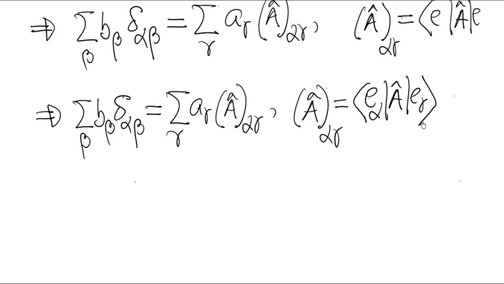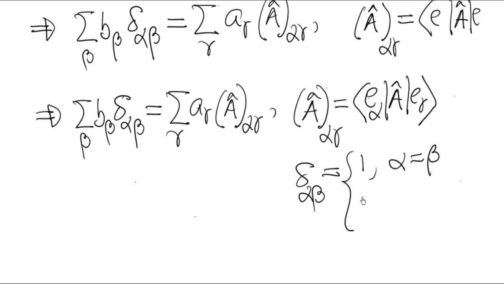Now we use the orthonormality property of the basis vectors. Actually this delta alpha beta is equal to 1 when alpha is equal to beta, and equal to 0 when alpha is not equal to beta.